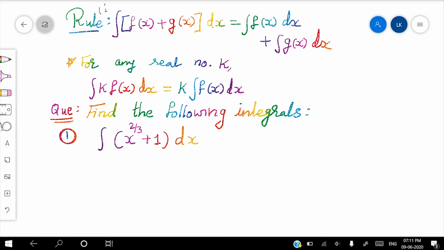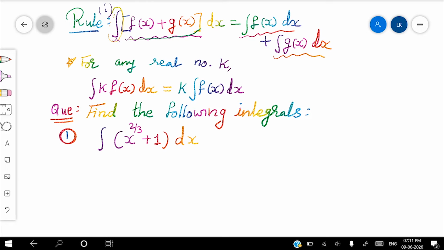For that, first we want to see rule number 1. Rule number 1 is, whenever you want to find the integration of the sum of two functions, first you can take separately the integration of each function.